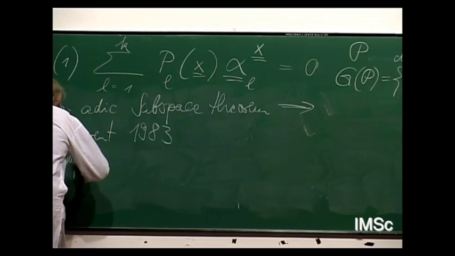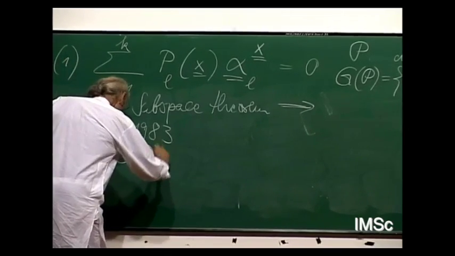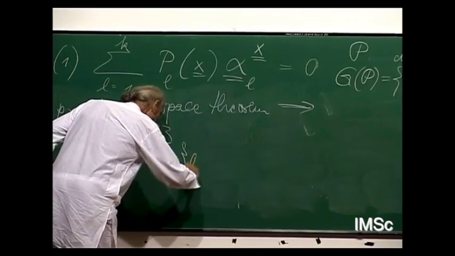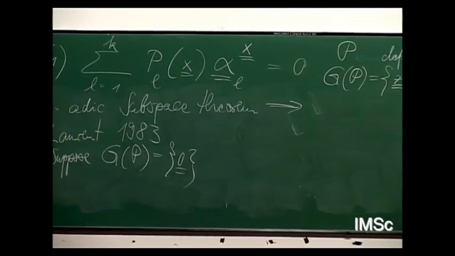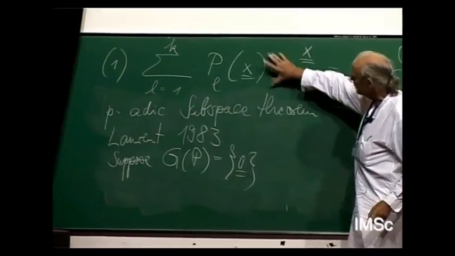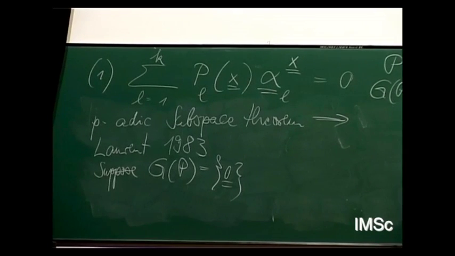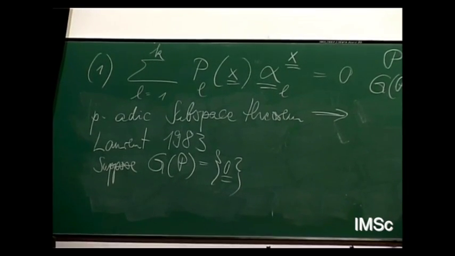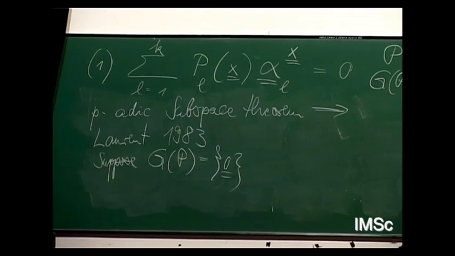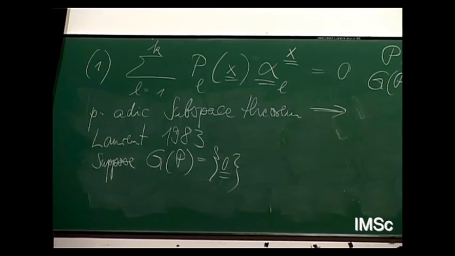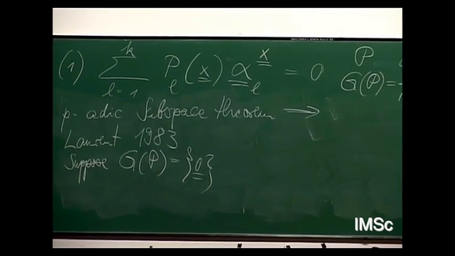Suppose G of P is equal to 0. I have not defined G of P with respect to this equation, but I think it's obvious we just do completely the same thing. We forget about the extra complication with the polynomial factors. The whole definition is just with respect to the exponential function, so everything is literally the same as what I was explaining.